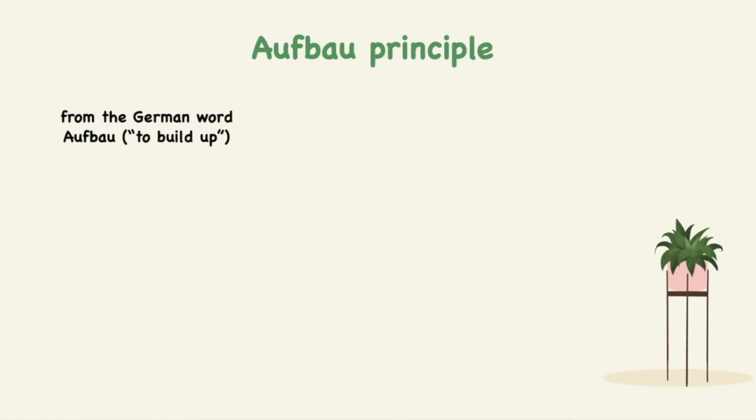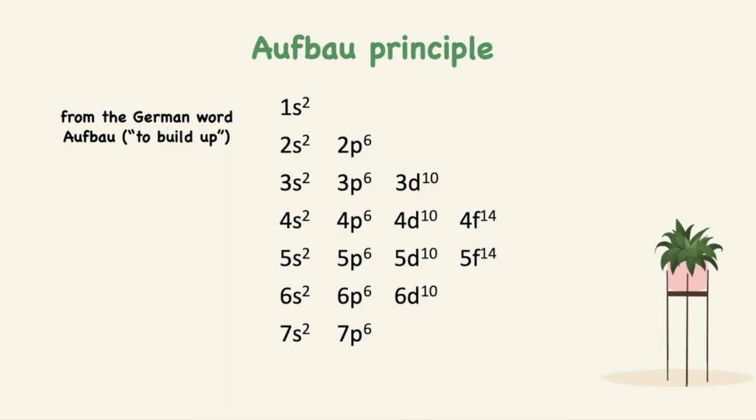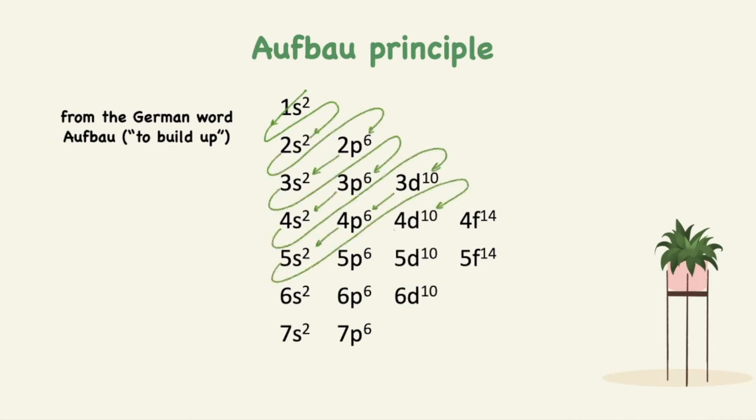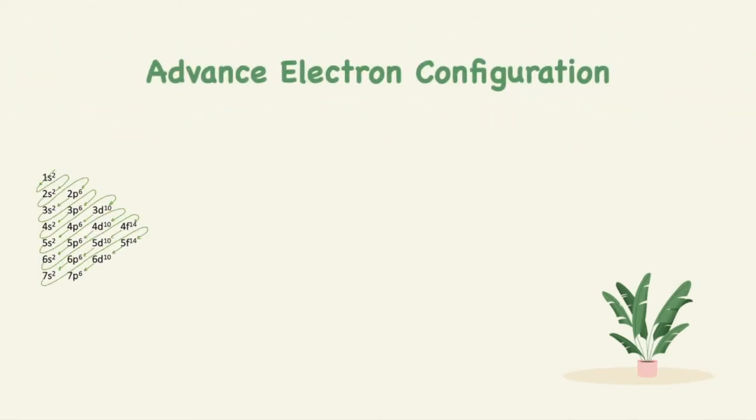The last is the Aufbau principle. Aufbau is from the German word meaning to build up. Electrons are added from the lowest energy level, which is 1s, to the highest energy level, following this line. There is some information you need to know.